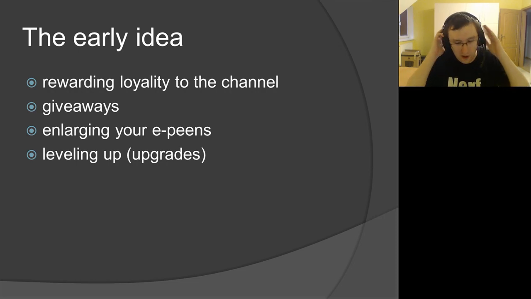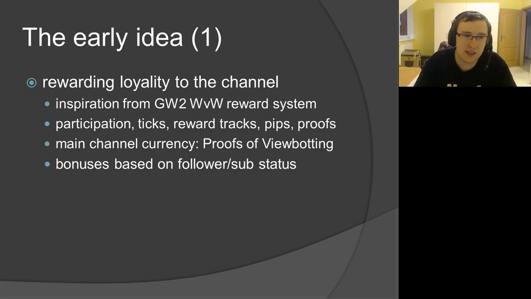So let's talk point by point about this. It's kind of obvious what it was designed from. The War vs. World reward system was a huge influence in getting everything done in the first iteration of the bot, since you had participation. That participation gave you a certain amount of points every 5 minutes, which was the tick.